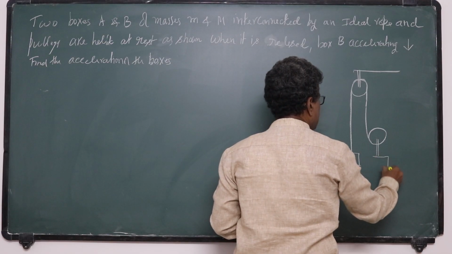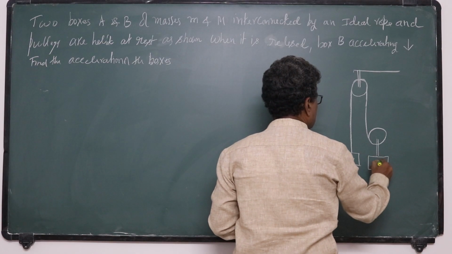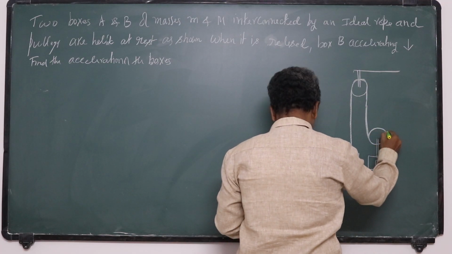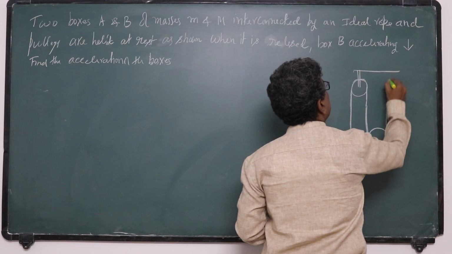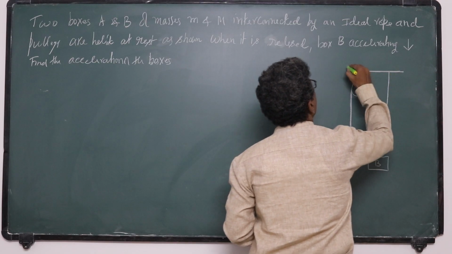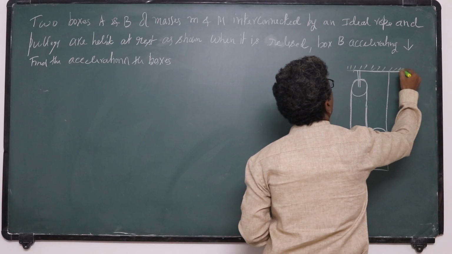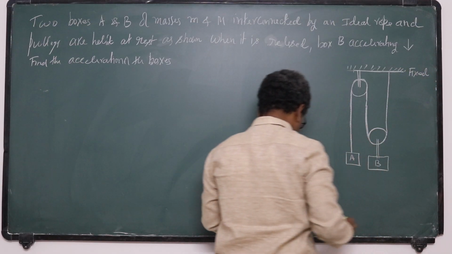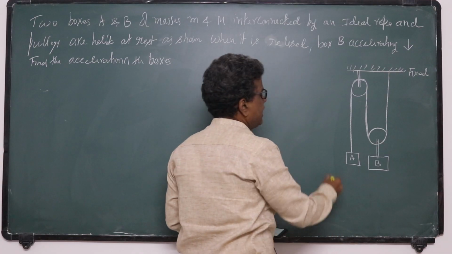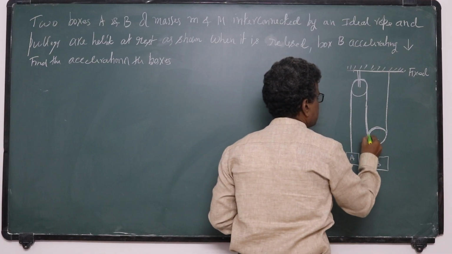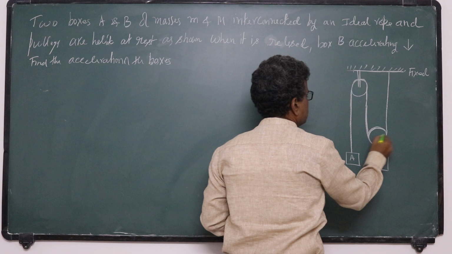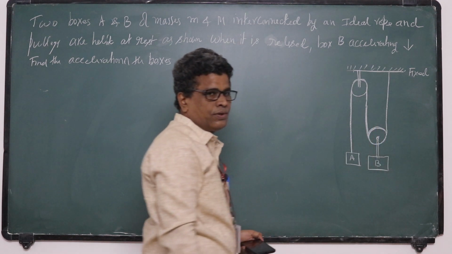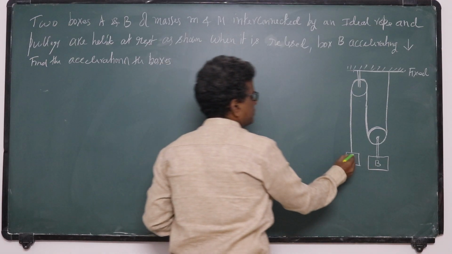This is a box B. That string is passed over this pulley and it is connected to here, to the fixed rope. So this is fixed. So this system is held at rest initially, and it is released.